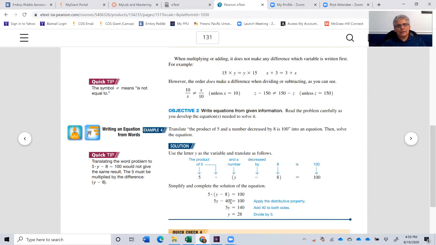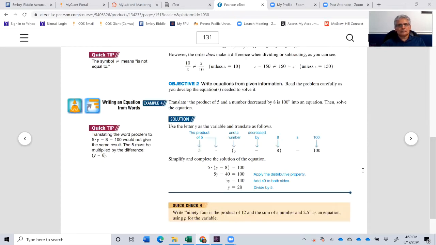So 5y minus 40 equals 100. Continuing to solve, we're going to add 40 to both sides of the equation. That eliminates the negative 40 on the left side, which leaves you with just 5y. And then we add 40 to the right side, that's 140. And then we divide both sides by 5, which means y equals 28.